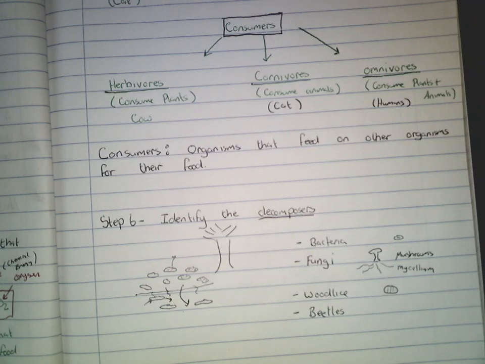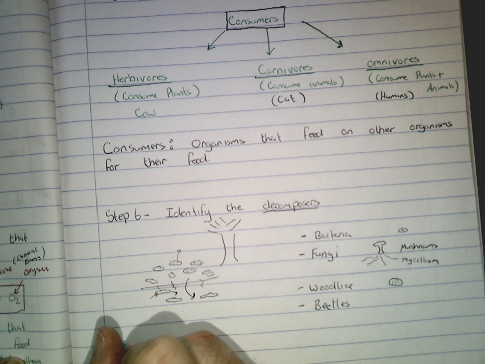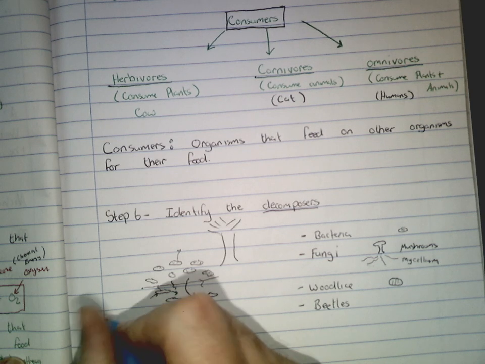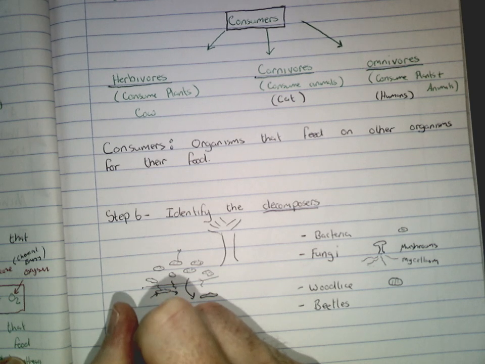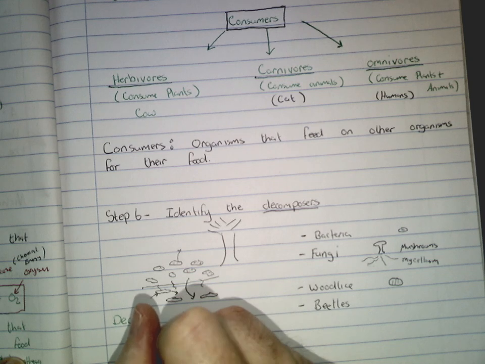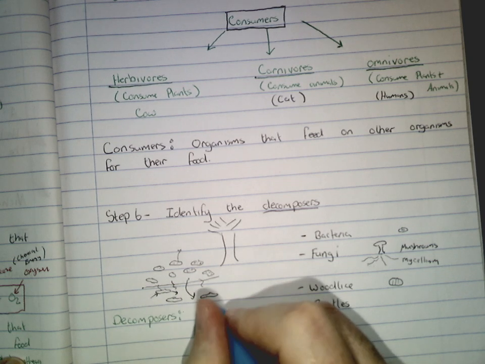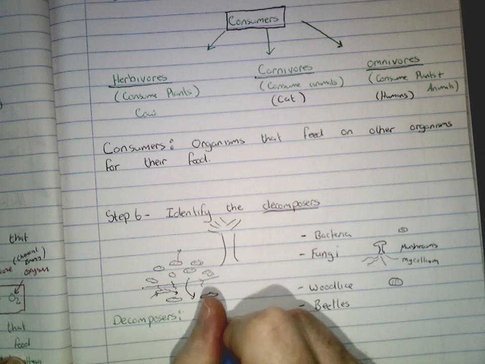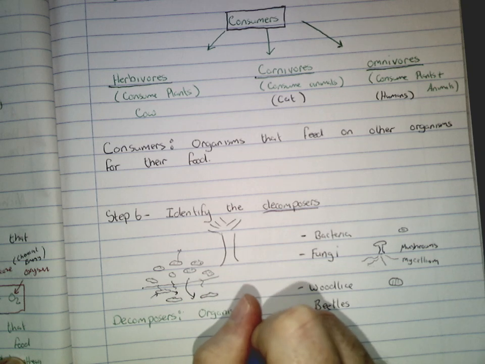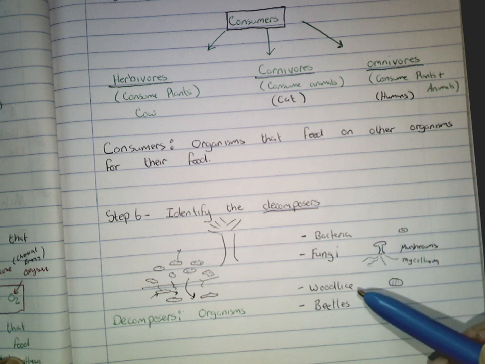Now for a definition of decomposers, an official definition. So decomposers, let's write up here. What are decomposers? They're organisms. Organisms are living things. So for example, bacteria, fungi, woodlice, and beetles are living things.